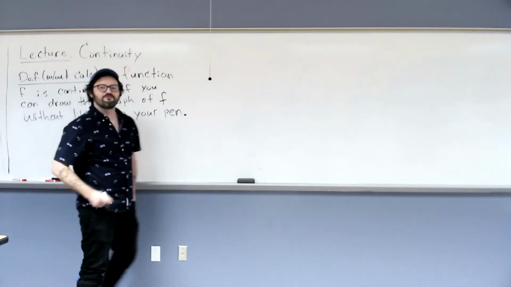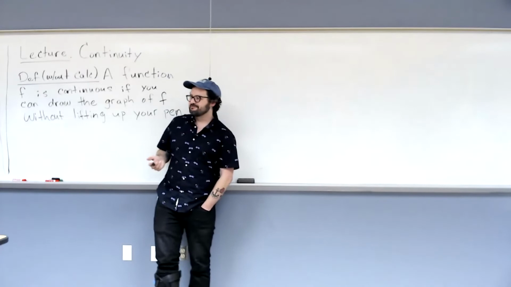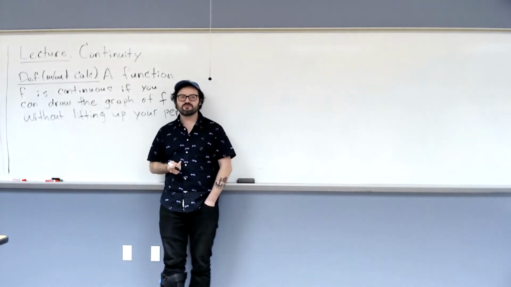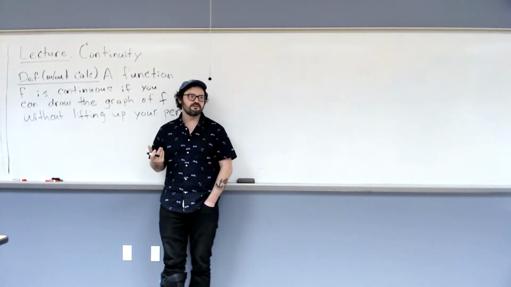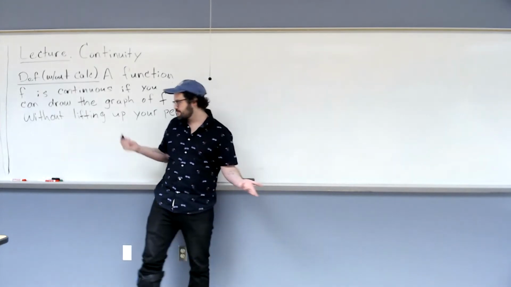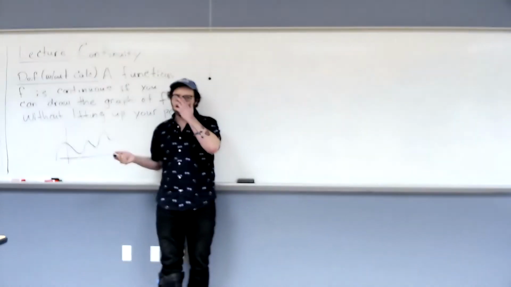It's kind of a vague notion, and it doesn't capture the true meaning of what it means for a function to be continuous. From college algebra, it sort of makes sense, right? Anything that you can draw like that, it's continuous.